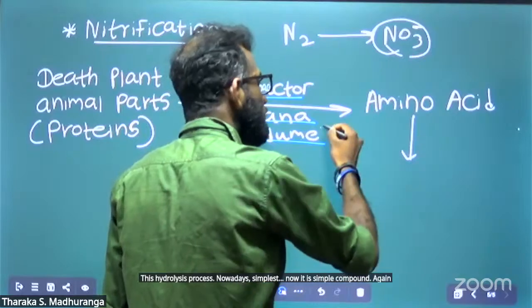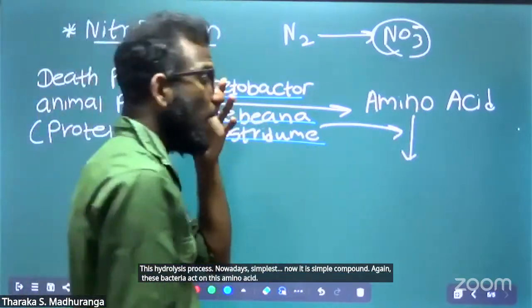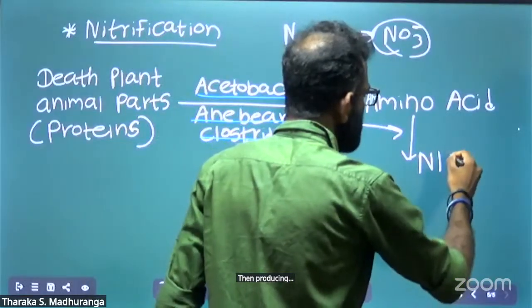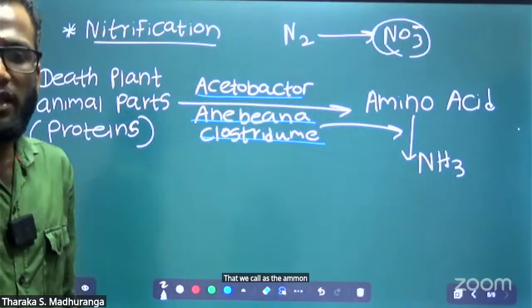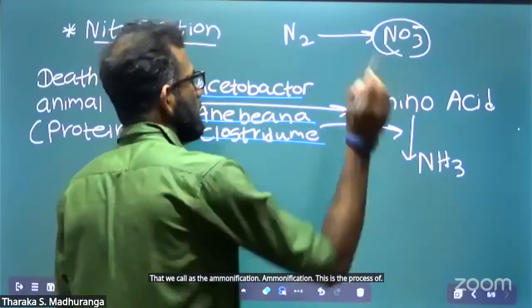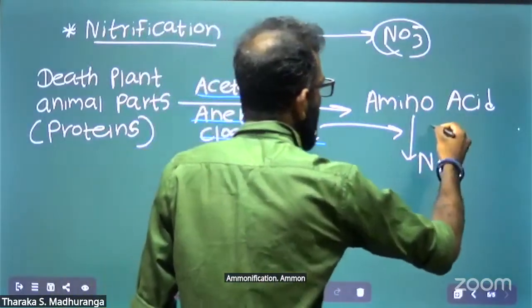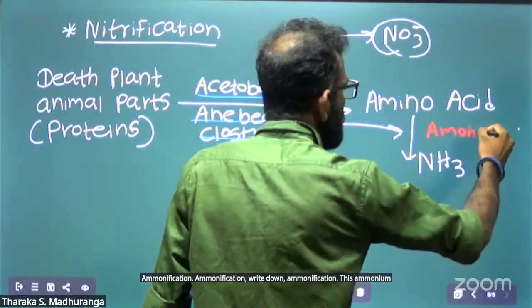Again these bacteria act on the amino acids, producing NH3, that we call ammonification. This is the process of ammonification. Write down ammonification. This ammonium production process is ammonification.